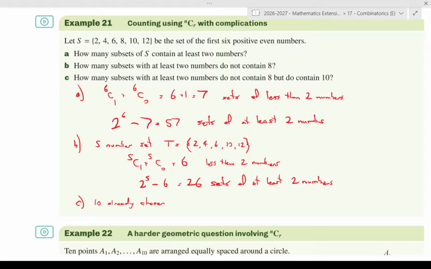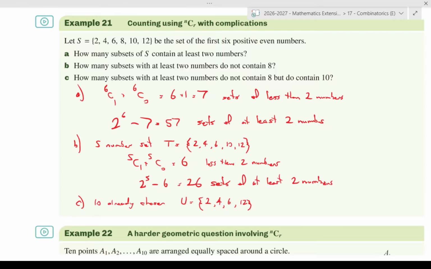And we're also going to eliminate 8 as well. So let's call this set U, and we've got 2, 4, 6, 12. So we don't need 10 in there because we're already using it, and we don't need 8 in there because we don't want to use it.